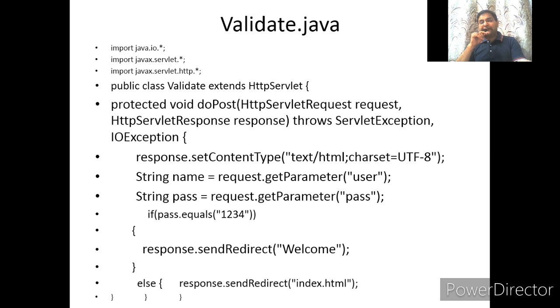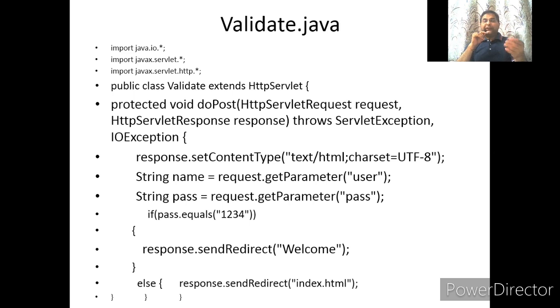See what is happening then? Then the control is going to the welcome page. And how are we transferring control? We are transferring control using response.sendRedirect welcome. What is the meaning of this?